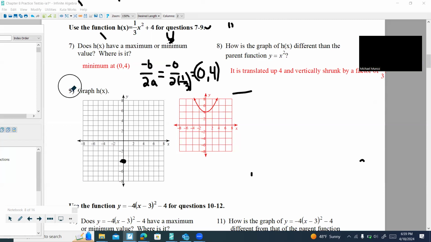Now that we have that point, I could plug in the number 1 into my equation and figure out what that's going to equal. Or I can see that this is 1/3, so whatever number I plug in, it's going to be divided by 3. Again, I know 1 times 1 is 1.